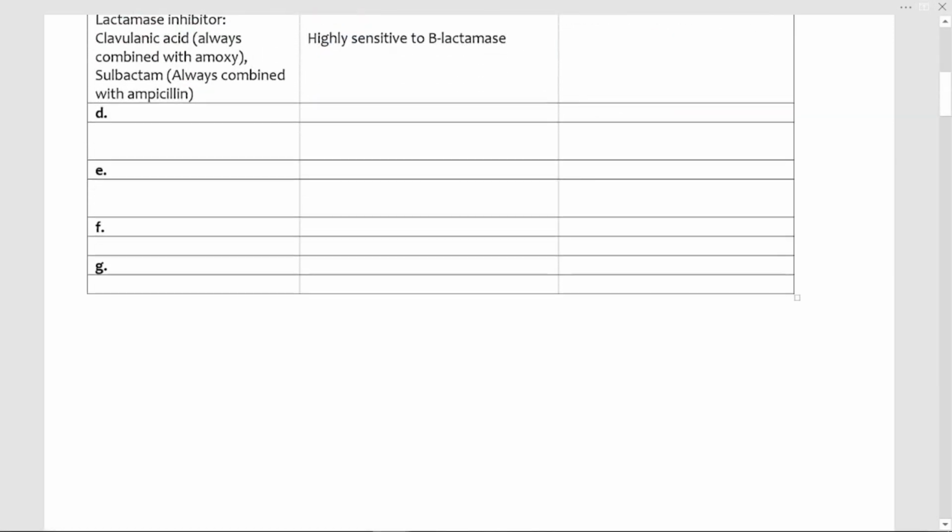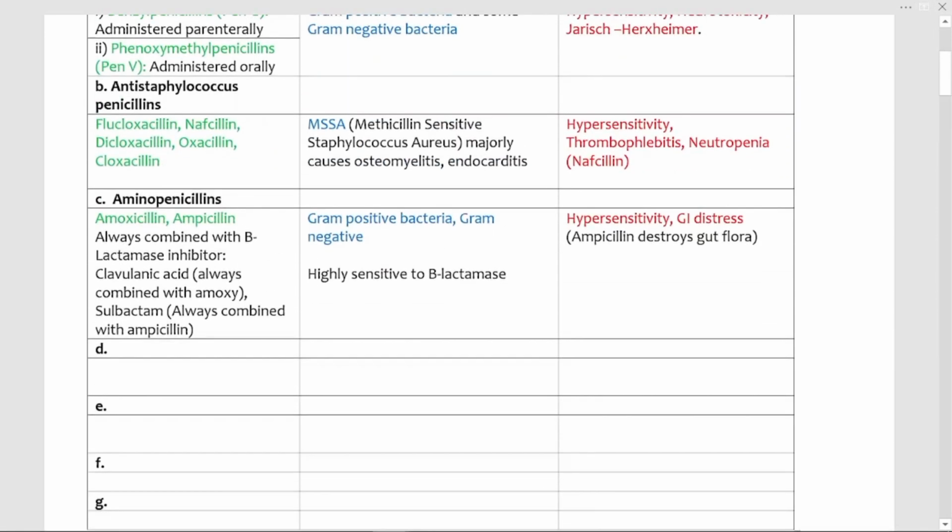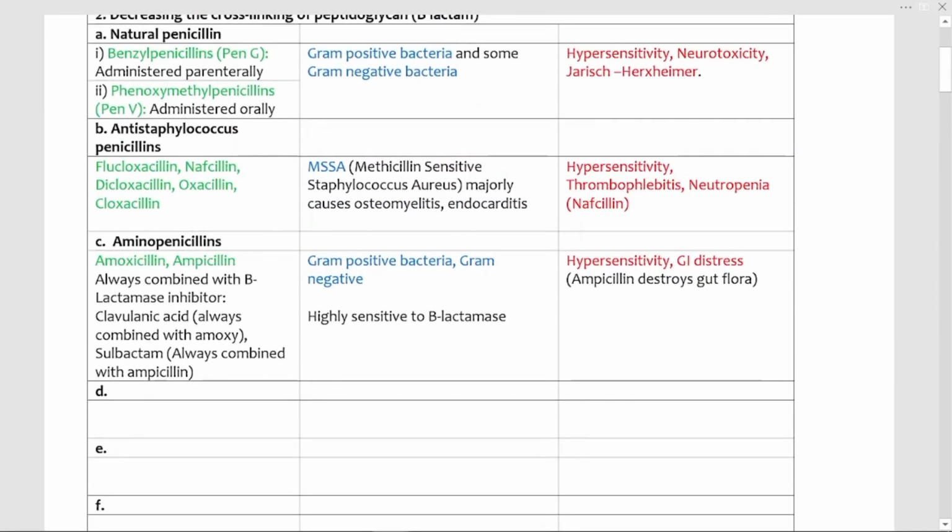Now, the next classification of beta-lactam antibiotics we have is the anti-pseudomonal penicillins.